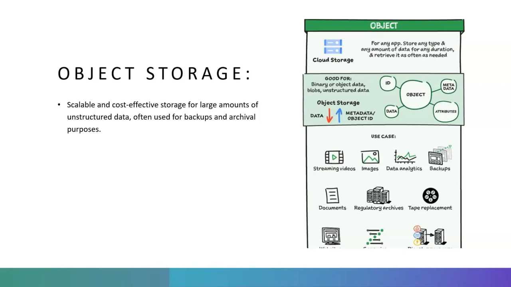In big data, we have three kinds of data: structured data, like SQL; unstructured data, which is text data; and semi-structured data, like a CSV file or JSON file. The objects contain IDs, the data, and metadata, which is data about the data, and attributes.